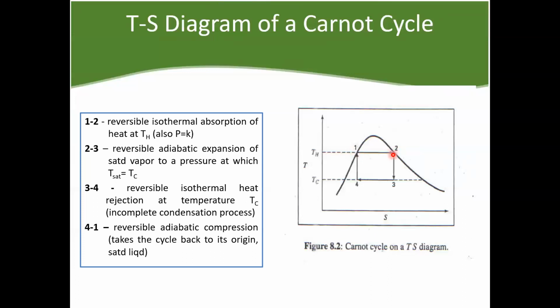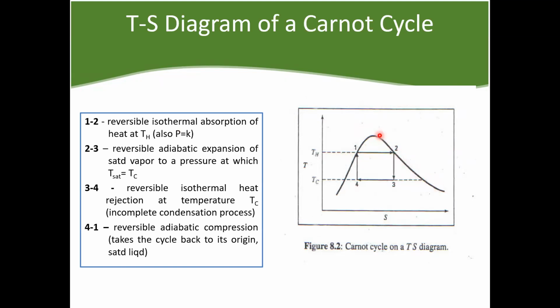From point 1 to 2, this is the reversible isothermal process. By the way, all the steps in a Carnot cycle are reversible. So this is the isothermal absorption of heat in the boiler at constant temperature and pressure. Next, from 2 to 3, the reversible adiabatic expansion of a saturated vapor.